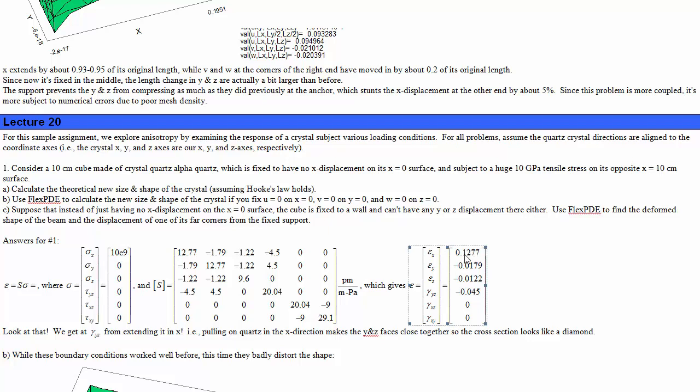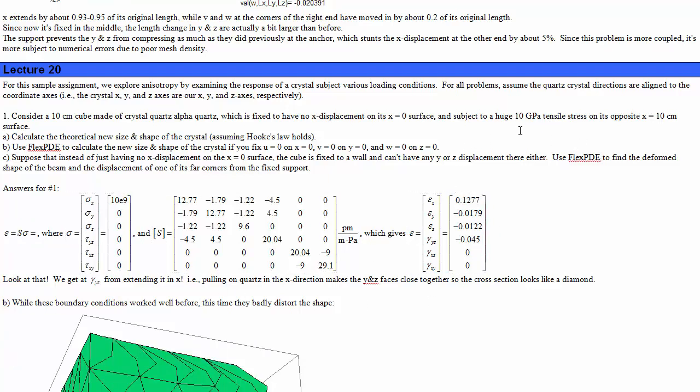This is a huge amount of strain for quartz. It's on the order of 100 times bigger than you would ever want to be putting onto quartz. It can't actually deal with this. It's better in compression than it is in tension. So just as an academic exercise anyway, let's see how it would deform if we were to apply this.